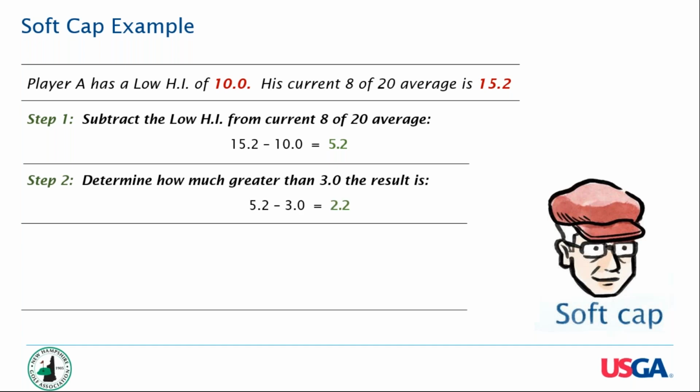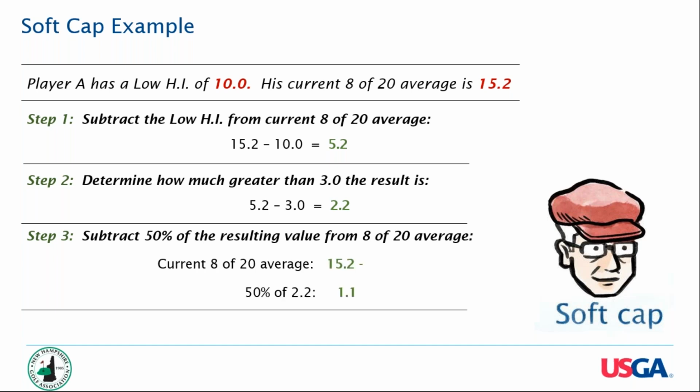So we take 5.2 minus 3, and we get 2.2. Step 3, we subtract 50% of the resulting value from the 8/20 average. So 15.2 minus 1.1 gives us 14.1, and that's what their handicap index will be after that soft cap is applied.